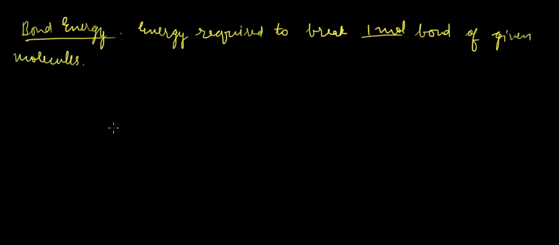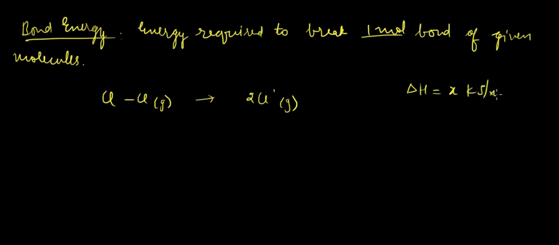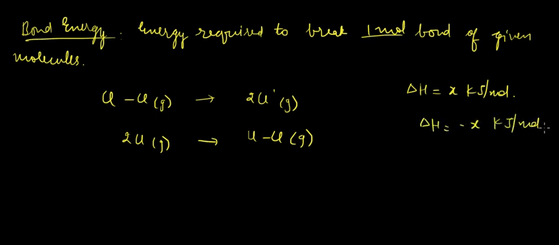Okay, so let's say we have a ClCl or Cl2 gas. In order to break into 2 Cl atoms, we need, let's say, x kilojoule, where x is positive. Again these two Cl atoms form Cl2 gas. So in this case, energy would be released, that would be just the negative of bond energy which is required to break the bond.